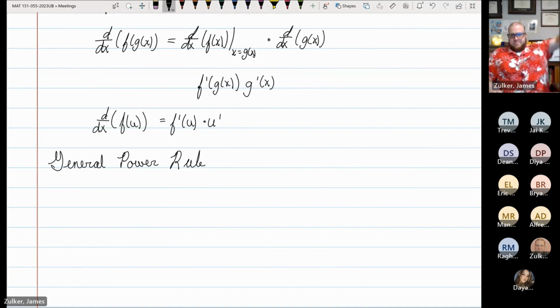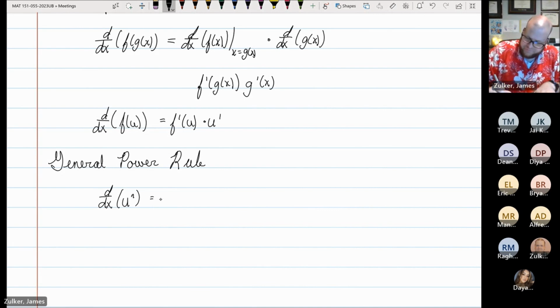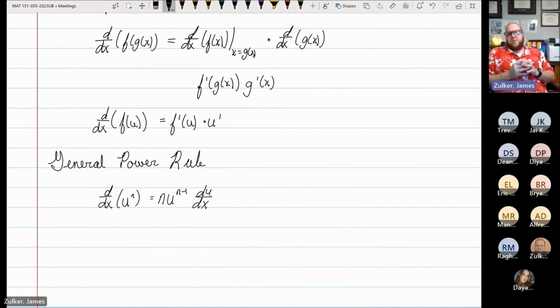With chain rule, we can now rewrite the power rule to be more general, called the general power rule. The derivative of u to the n is n times u to the n minus 1 times du/dx.